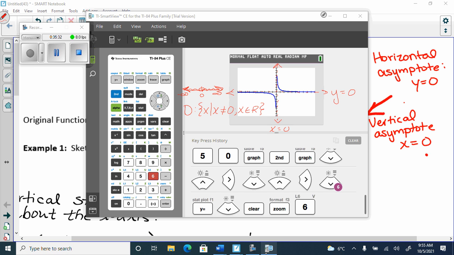So if they asked for it in intervals, we'd have to go negative infinity to 0, round bracket, because it can't equal it, or 0 to infinity, round bracket. If they said set notation, we do the top. If they said interval, you do the bottom. And my range for this one, y such that y cannot equal 0, y ∈ R, and the interval notation is going to look the exact same because you don't actually put variables.